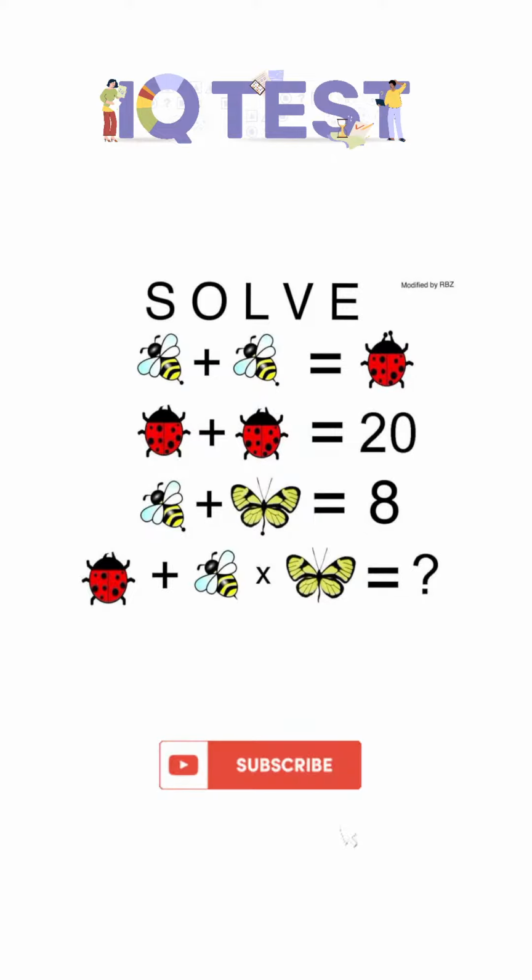So we have to find the red bag plus the butterfly, plus the bee multiplied by the butterfly. So what do we have? So who has the answer for us?